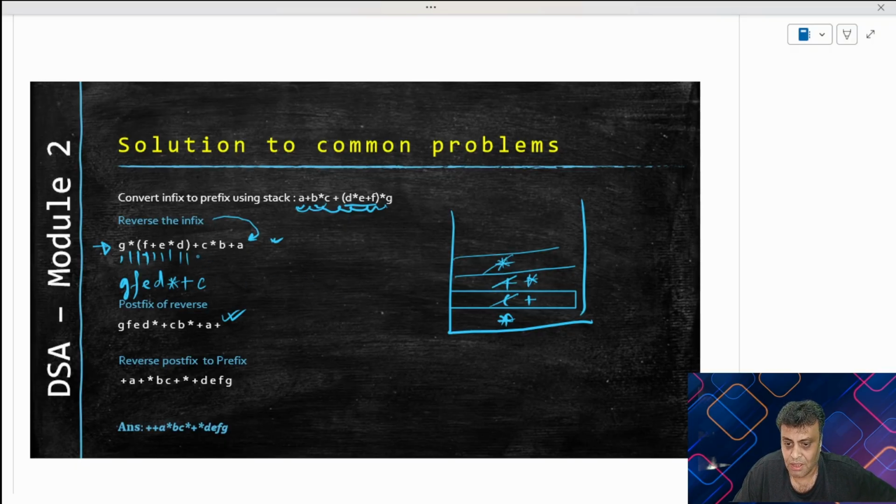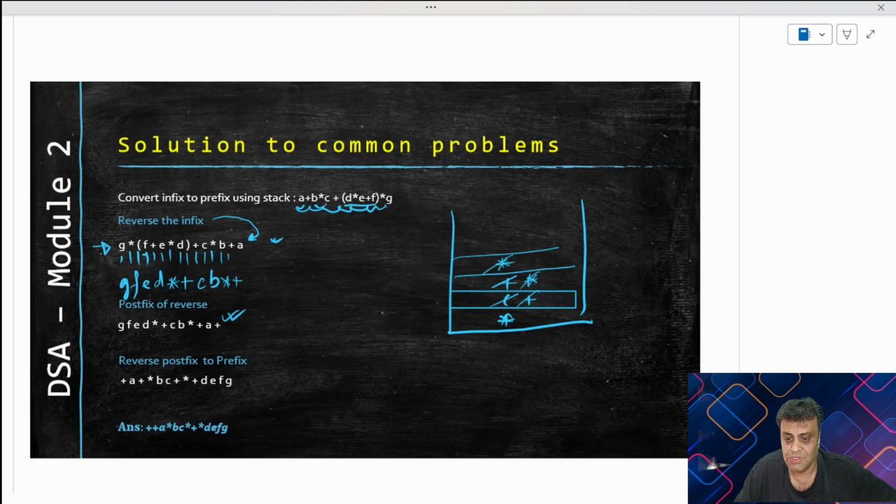So we have plus, we have C, we have star, then we get B, right? This B comes here, then we get plus. I cannot put plus here because there is a star, right? I'll have to pop this. Can I keep this? I'll have to pop that also. So what we have, CB star, because I popped the star, and I have to pop this also because it is at the same level as me, right?